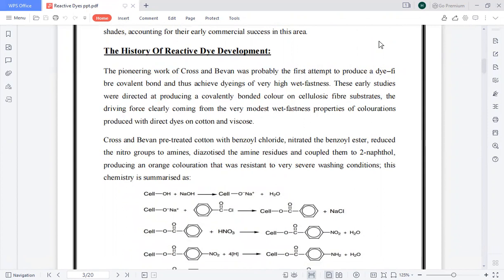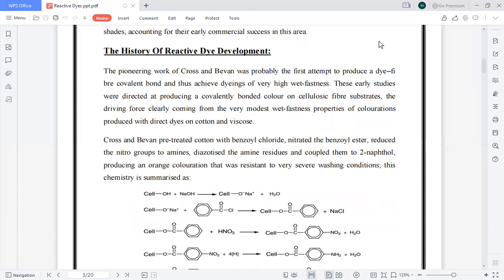The earlier studies were directed to producing a covalent bond between the dye and the fiber or the cellulose material. The driving force for this achievement came from the application of the direct dyes on cotton and viscose that had very modest wet fastness properties of coloration.